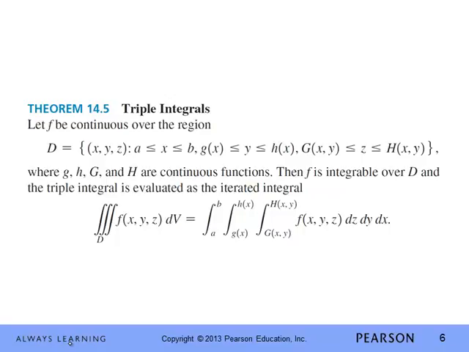Notice if you integrate with respect to z first and evaluate between the upper and lower limits, you're going to end up with a function that you can now do a double integral of with respect to x and y. Then in this case, you integrate with respect to y and x, evaluate between the upper and lower limits, leaving you just with a function of x. And you integrate with respect to x and evaluate between these two constant limits, and you end up with just a number.